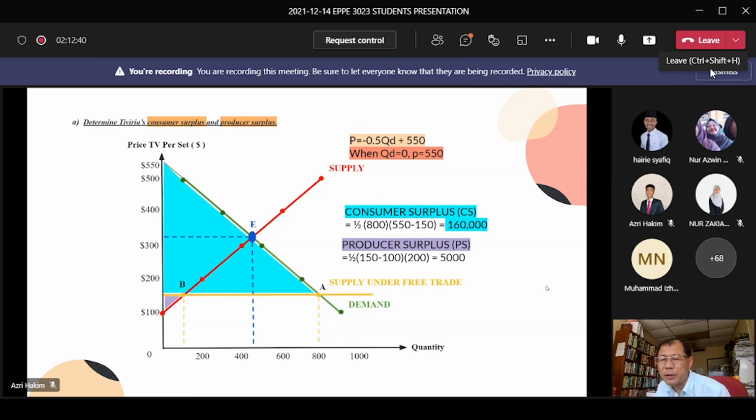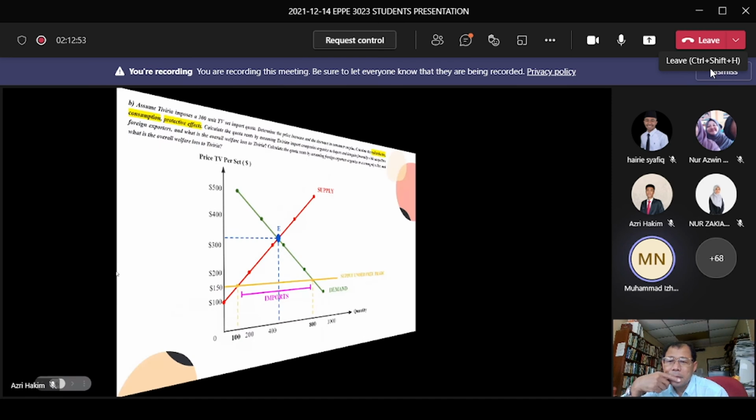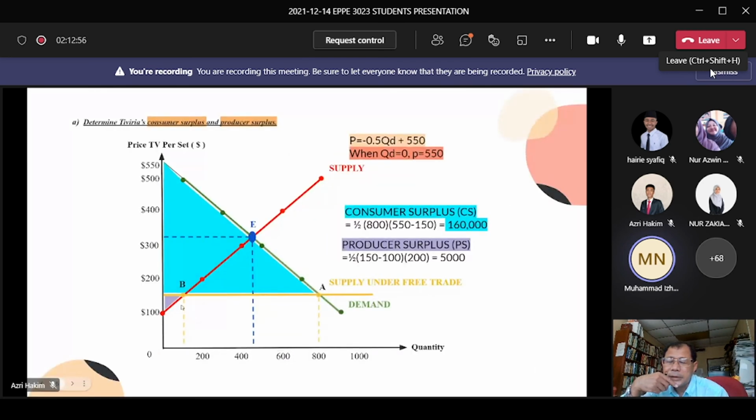What is point B on the quantity? How much is the quantity at point B? If you go down from B, it is 100, right?